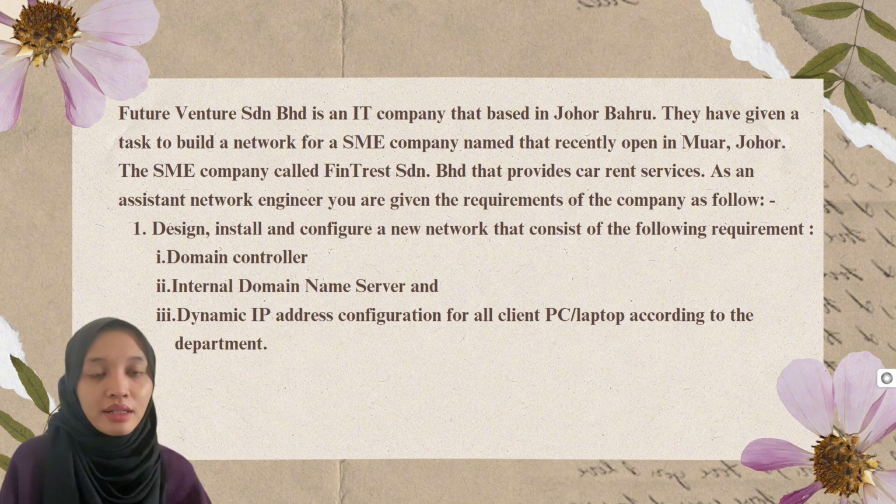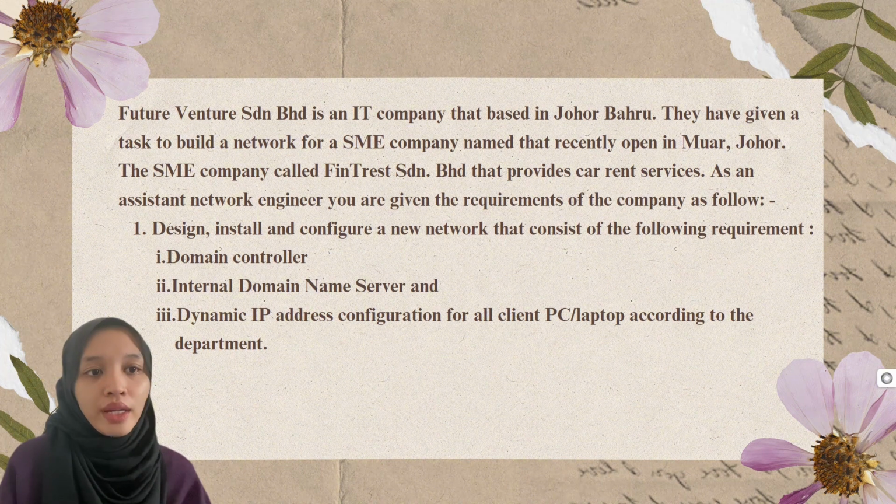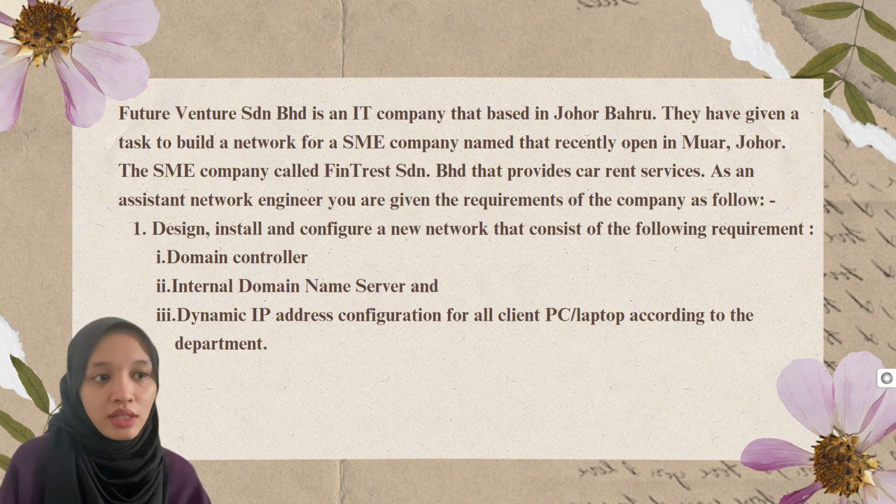As an assistant network engineer, you are given the requirements of the company as follows. One, design, install and configure a new network that consists of the following requirements: one, a domain controller; two, an internal domain name server; and three, dynamic IP address configuration for all client PCs or laptops according to the department.